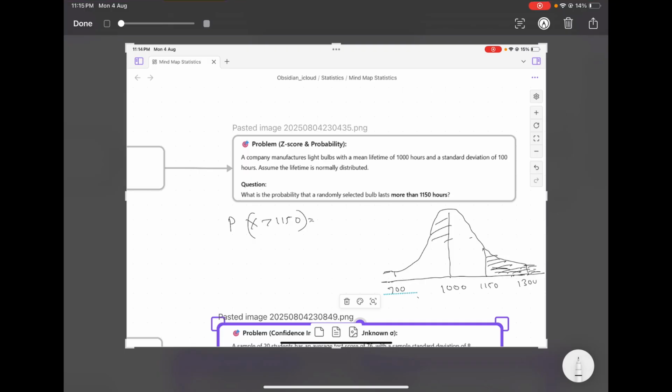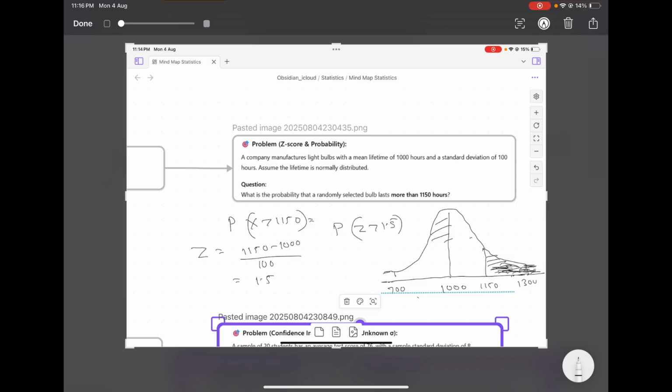For this we will first calculate the Z score, that is 1150 minus 1000 divided by sigma, that is 100. So this is equal to 1.5. So we need to find the probability that Z is greater than 1.5. This corresponds to this area.